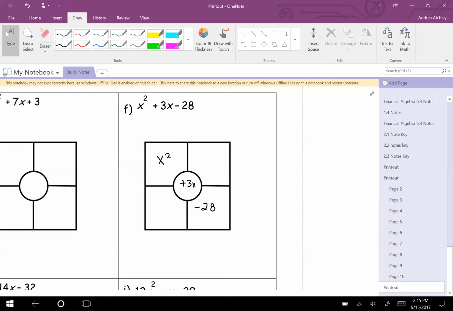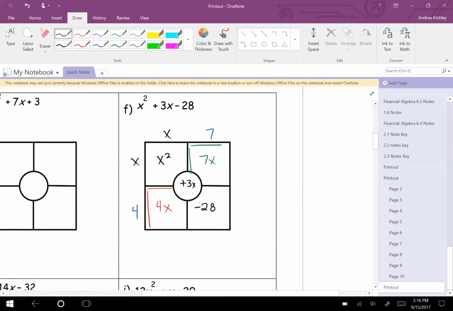X and x. Sebastian, what multiplies to negative 28? Okay, let's do 7 and 4 for now, and then we'll decide which one's negative in a second. So then we check it. 7 times x is 7x, and the x times the 4 is 4x.